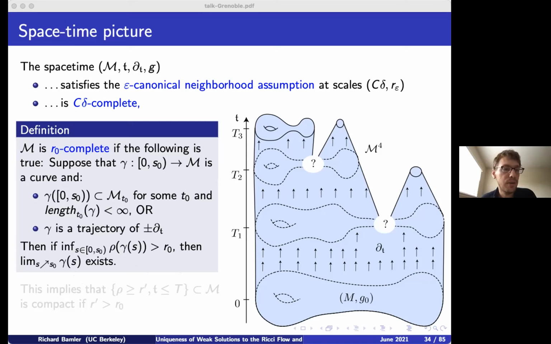So this is some kind of completeness, as in the Riemannian case. Another way of saying this, and in the compact case this would be equivalent, is that if we look at the super level sets of rho, the curvature scale, remember that's the scalar curvature to the -1/2, and then we restrict the times, then these subsets within the spacetime are compact for any R prime bigger than R naught. So if we're just staying away from these holes, we have compact subsets.